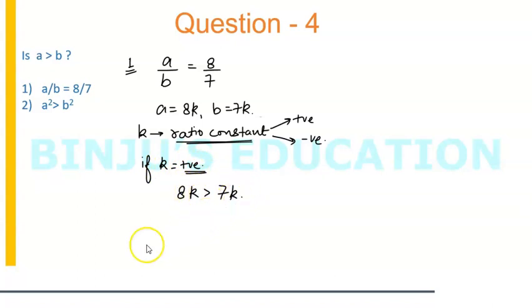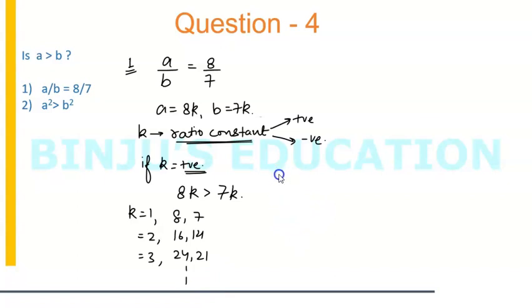Let me give you certain examples. K is 1, so I will have values like 8 and 7. K is 2, we will have values like 16 and 14. K is 3, we will have values like 24 and 21 and so on. So whenever k is positive, in that case 8k will automatically be greater than 7k. There is no second thought in this.